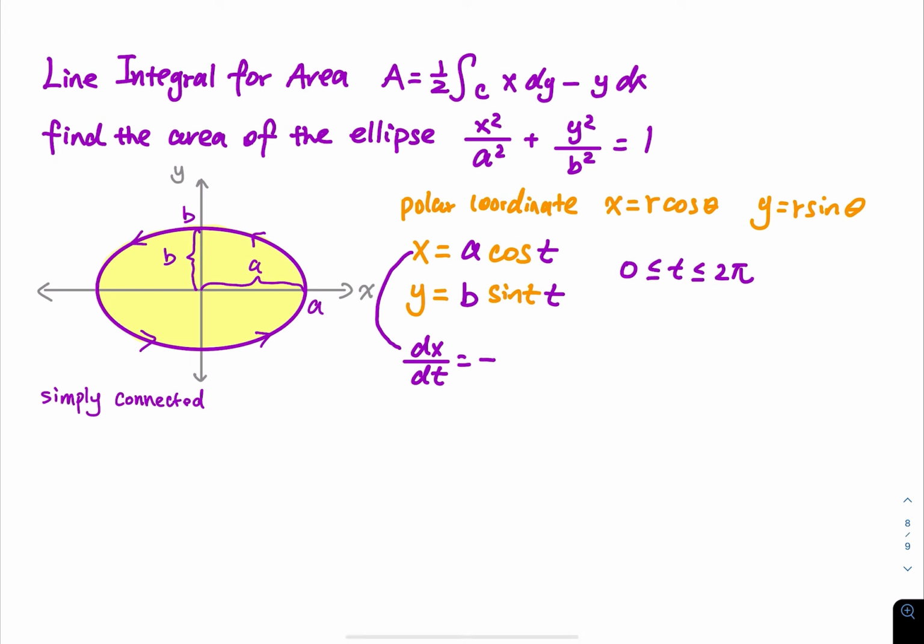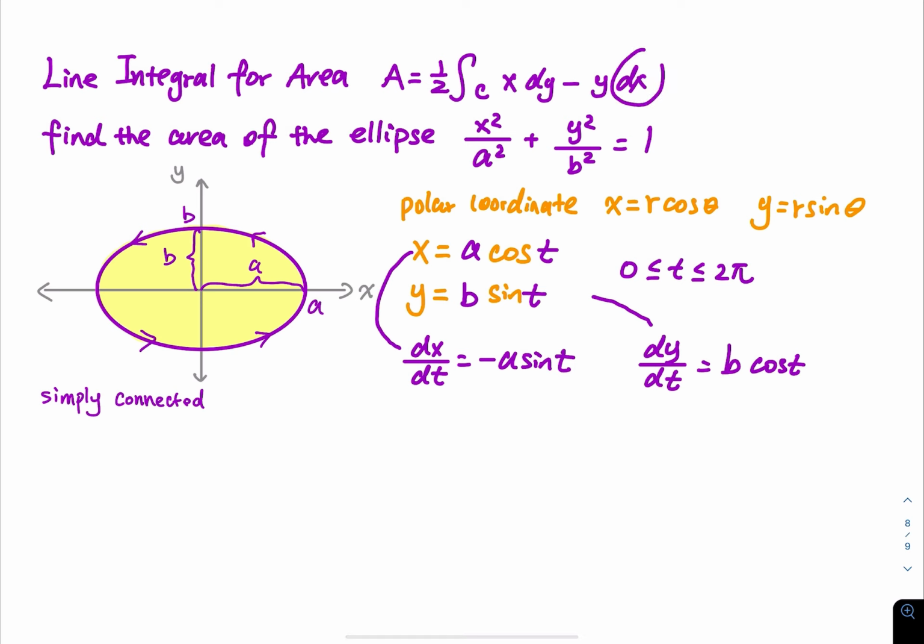So we have negative a times sine of t. All right, how about y? I will differentiate y with respect to t. This is actually b sine of t, right? I wrote the t twice. The derivative of sine is cosine. So we have b cosine of t. Don't forget the b in front of it.